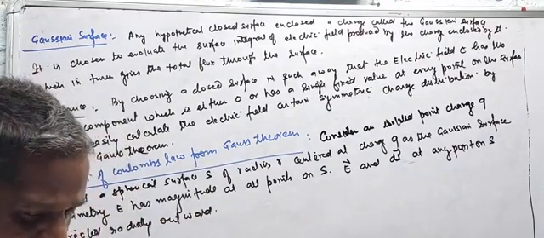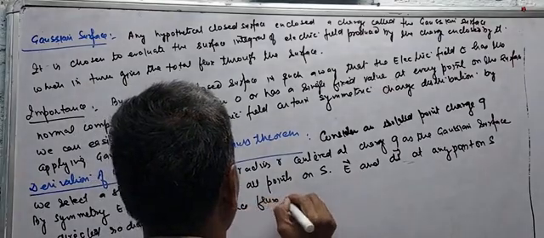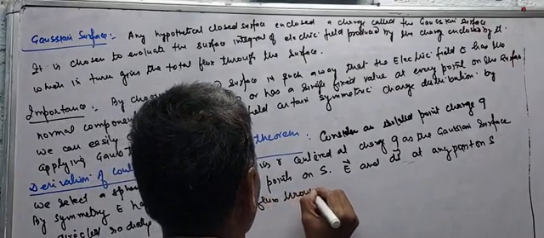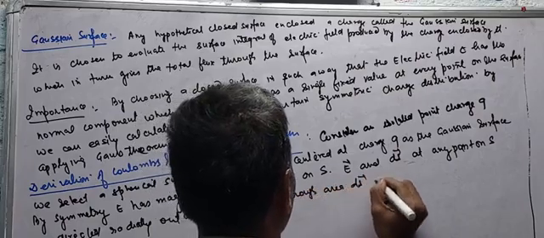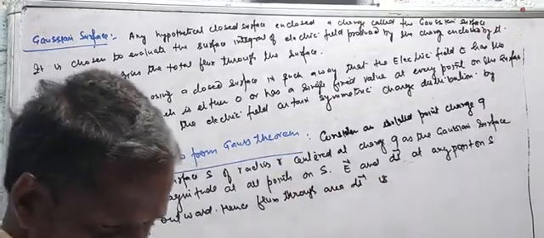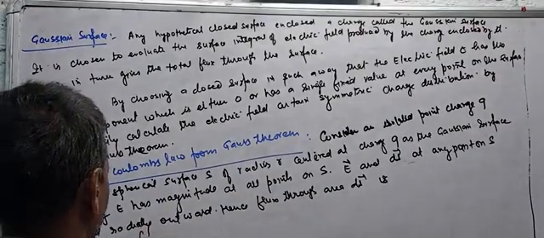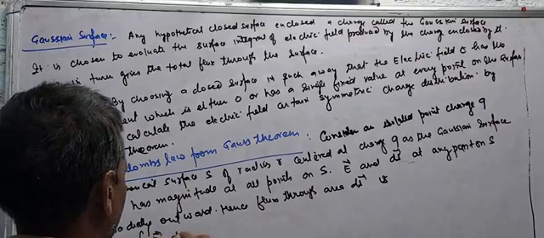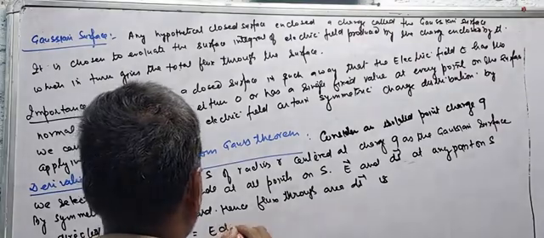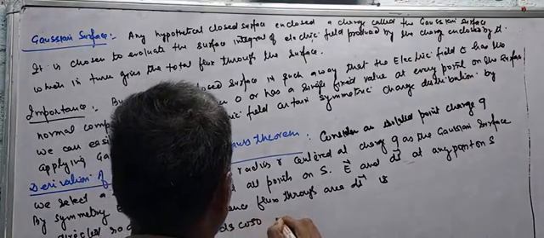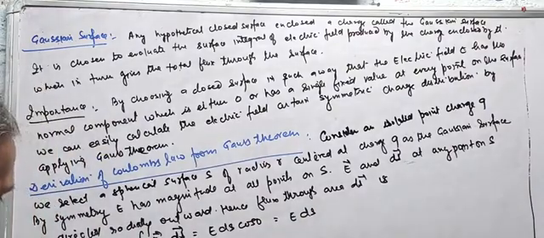Hence, flux through area dS is phi E equals surface integral E vector dot dS vector, that is E dS cos 0, that is E dS.